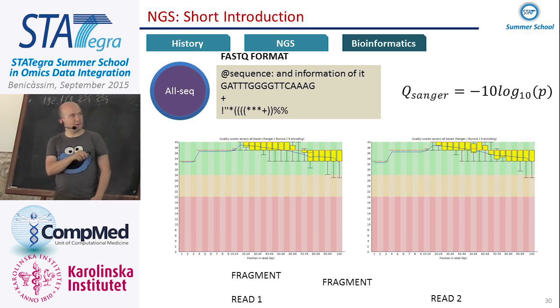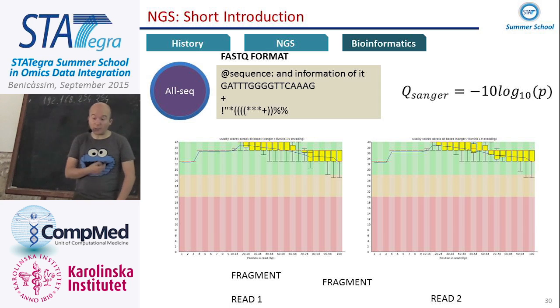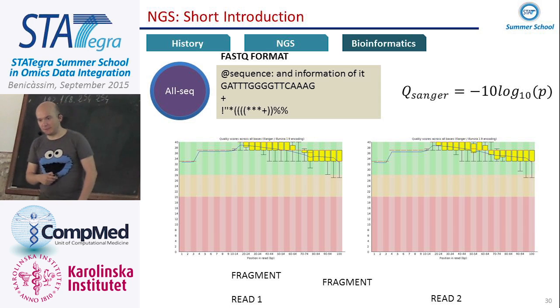Usually, this is not the case, but in some places I can see that the second read has a bit lower quality than the first read. And this is quite common because you first go through the whole process for the first reads, and then you start going with the other extremes. But in this case, and this is STATegra data, both reads were quite good, and I was positively surprised.